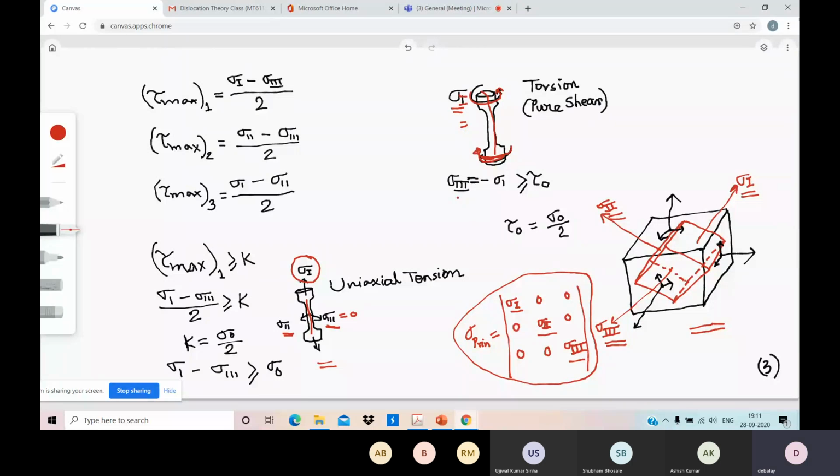These are the principal stresses. And sigma Roman 1 is equal to minus sigma Roman 3, because they are acting opposite. And this is your sigma 2, which is equal to 0, because you are not pulling the specimen. So this is your 0.